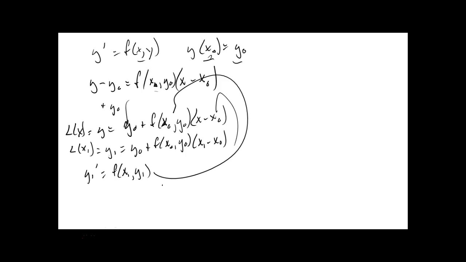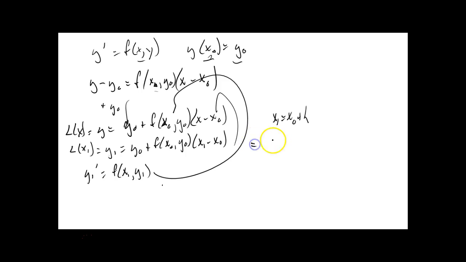Over and over again. So your y1 is equal to... now, here's what they're calling that little increment. x1 is equal to x0 plus h, okay? Now, if you do that at this step here, this makes it a little easier.